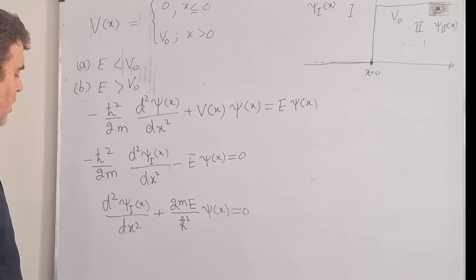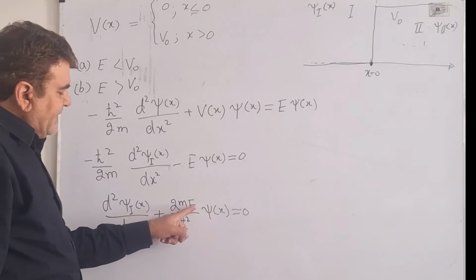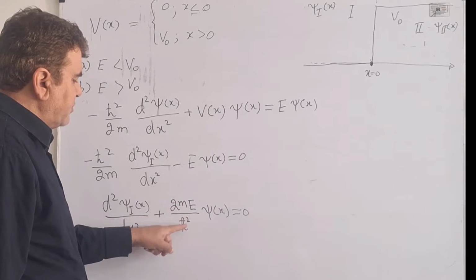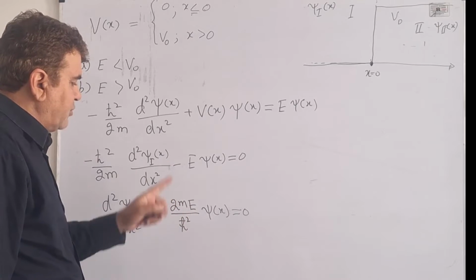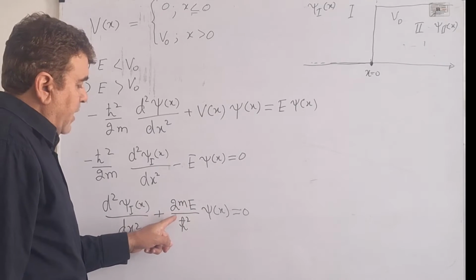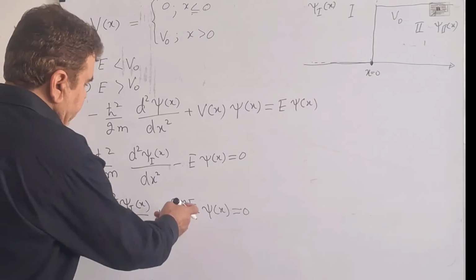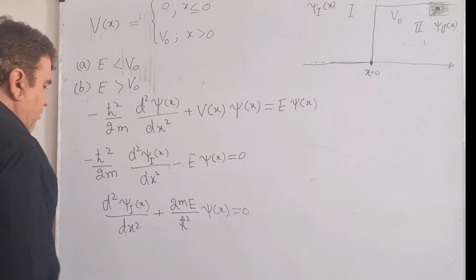Now, since this term E for a given particle is constant, m is constant, everything in this factor is constant, therefore I redefine this as a constant factor, and traditionally we call this k or k1.